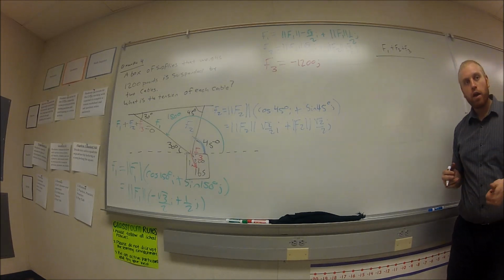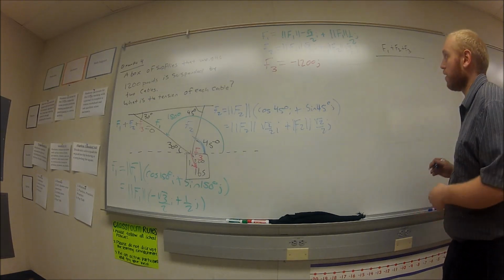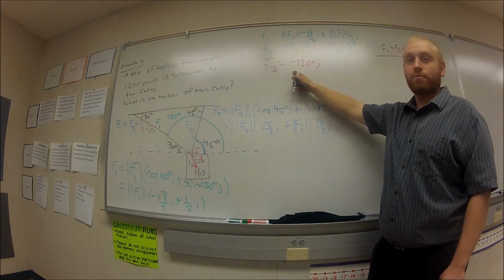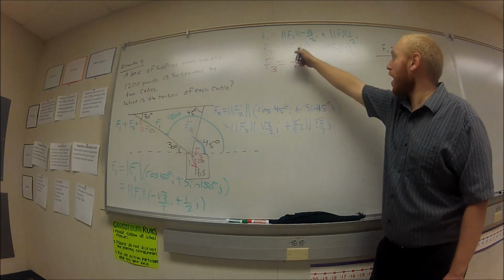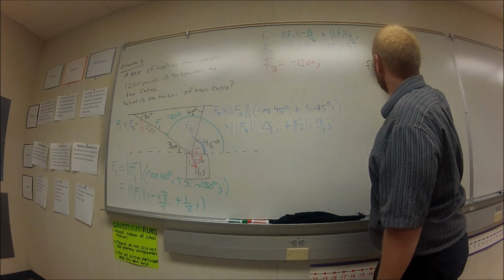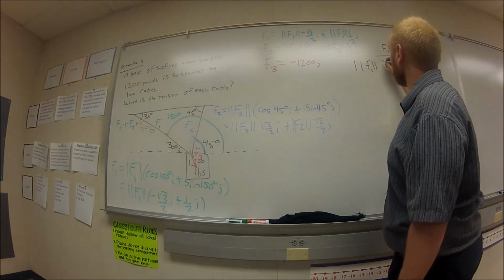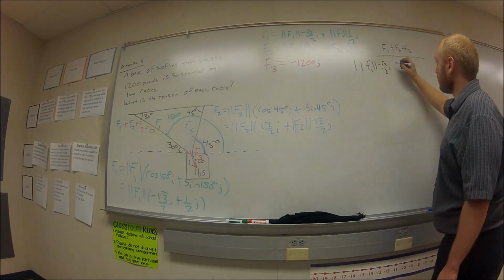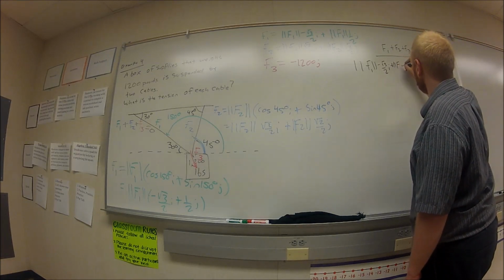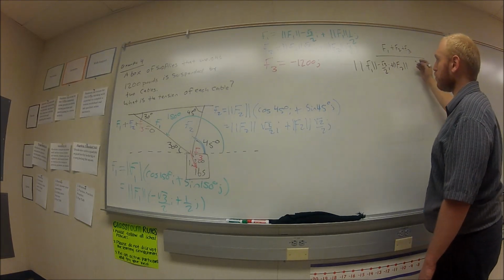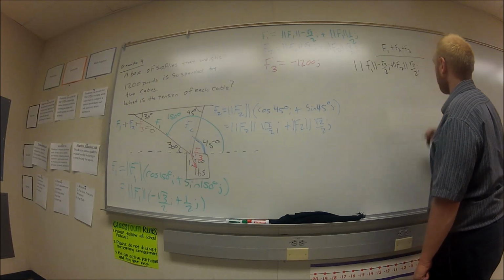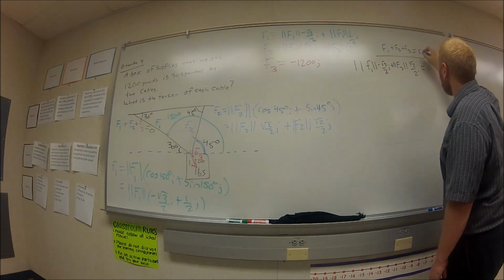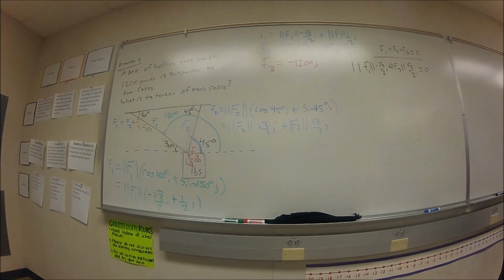That guy has an I, that guy has an I, this guy doesn't have an I. So the I component is just the magnitude of F1 times negative root 3 over 2 I, plus the magnitude of F2 times root 2 over 2 I. Now we know that part has to equal 0, because the I component has to equal 0.